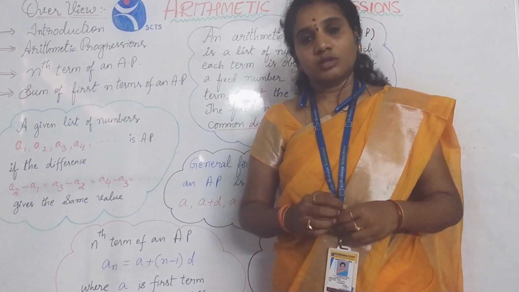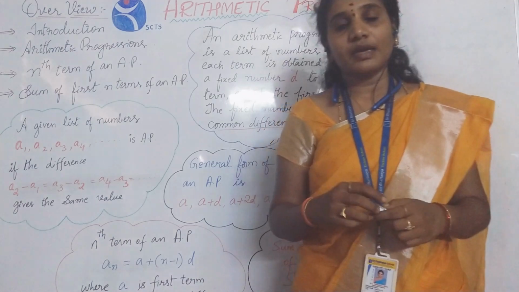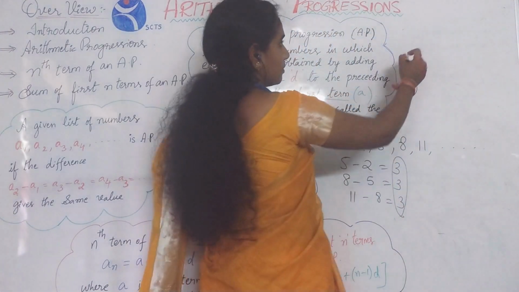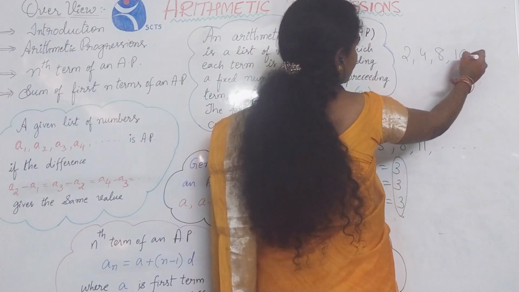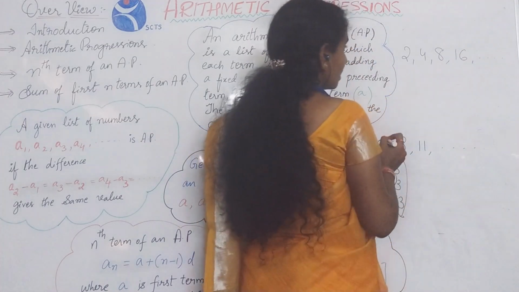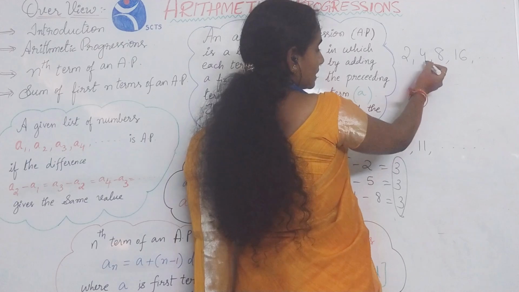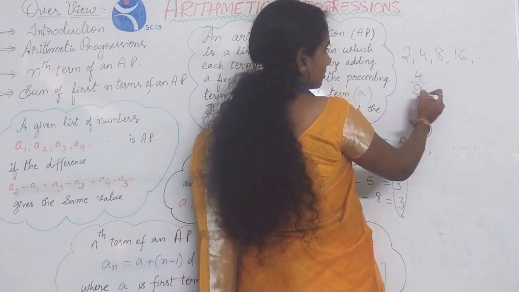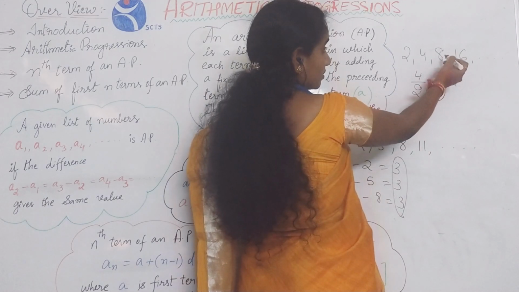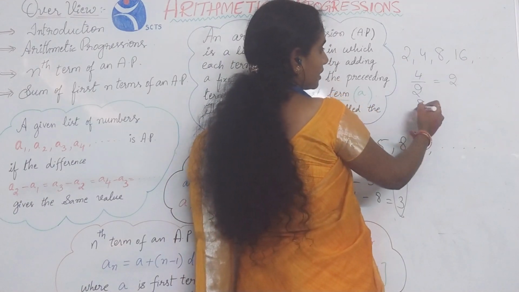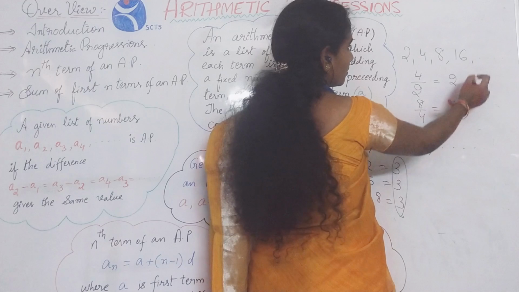Geometric progression is a progression where we have a common ratio. For example, 2, 4, 8, 16, and so on. Here if you observe, the second term by first term is 4 by 2, that is equal to 2. Again, third term by second term, 8 by 4, that is also equal to 2.